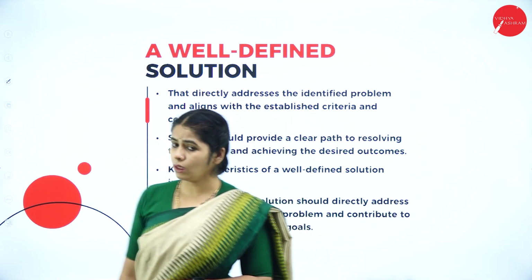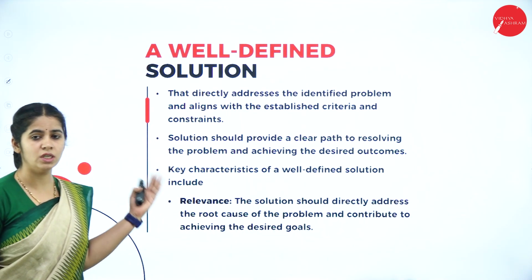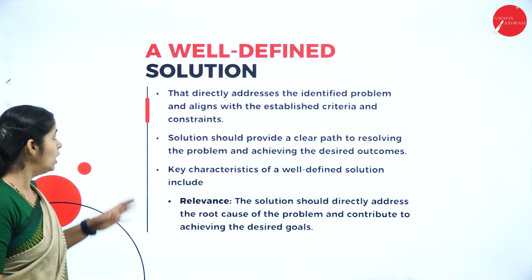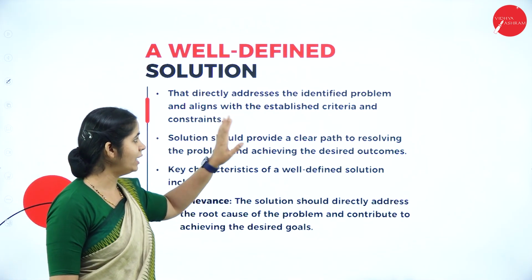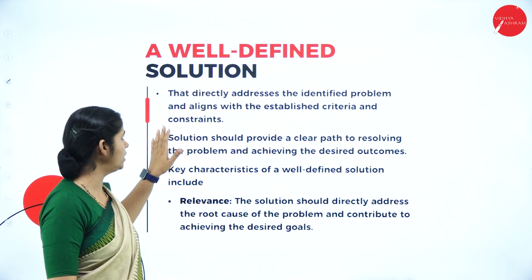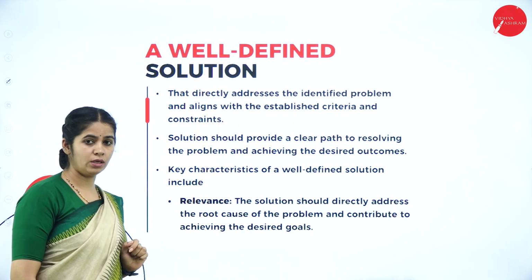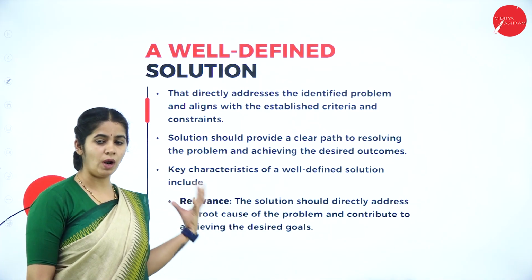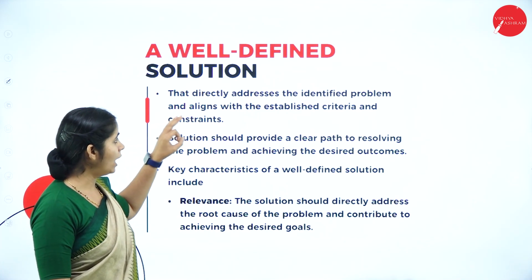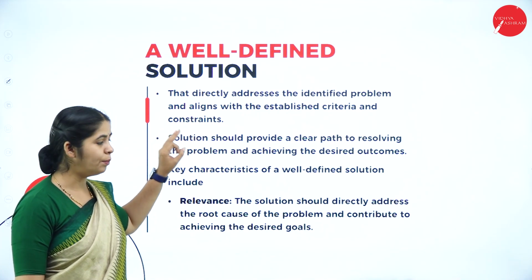We have discussed the well-defined problem. Then what we have is a well-defined solution that directly addresses the identified problem and aligns with the established criteria and constraints. We know the problem is well-defined. How do we get the well-defined solution? By addressing the particular problem.